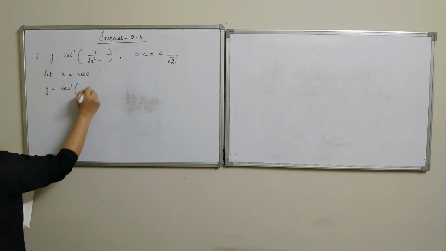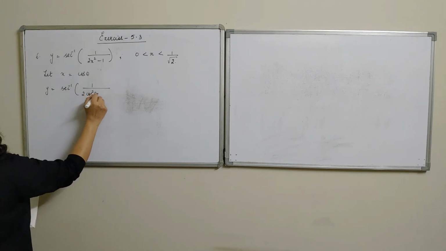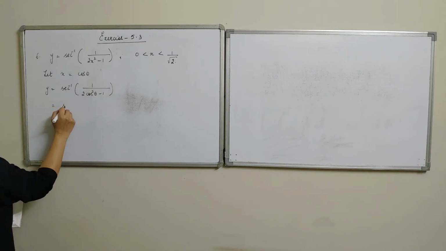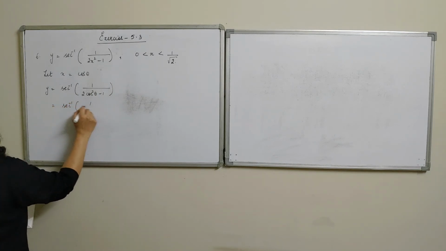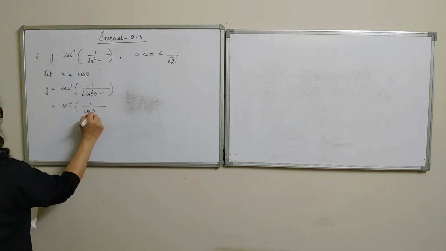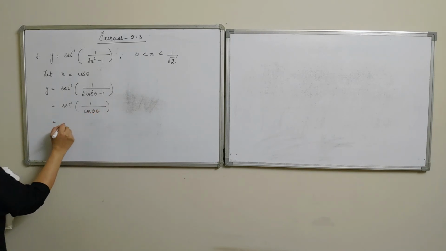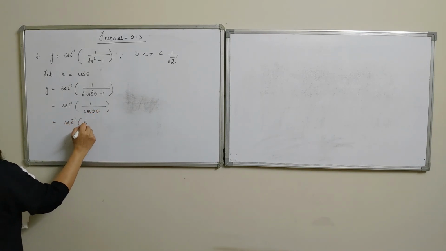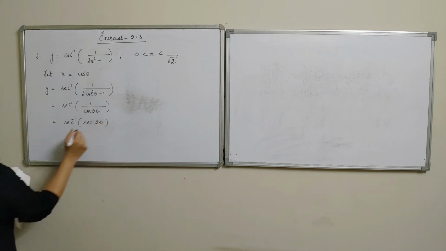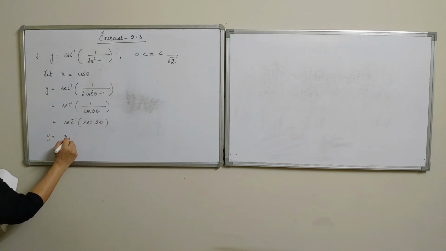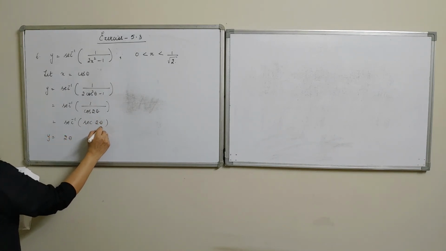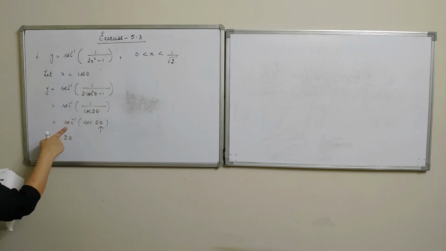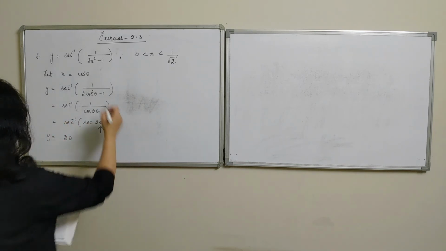So y is equal to sec inverse 1 upon 2 cos square theta minus 1, and 2 cos square theta minus 1 can be written as cos 2 theta, which is sec 2 theta, and then y will be equal to 2 theta if this angle belongs to the principal branch of sec inverse function. Let's check that.